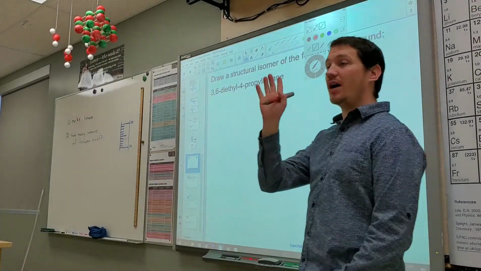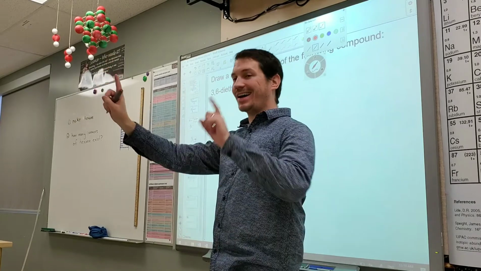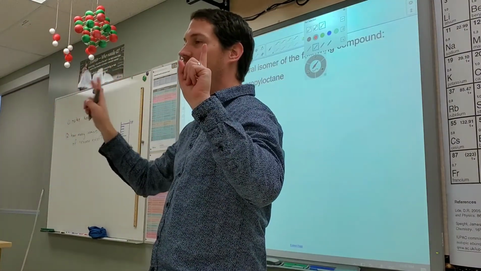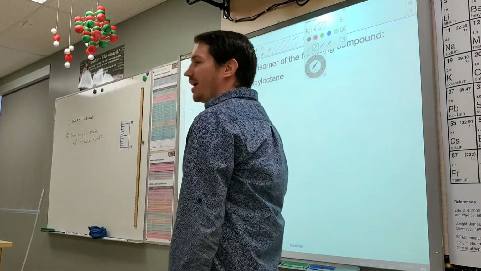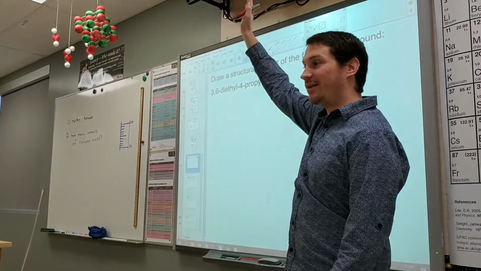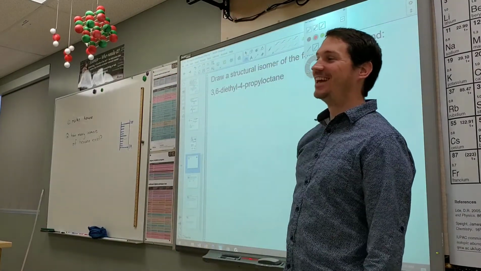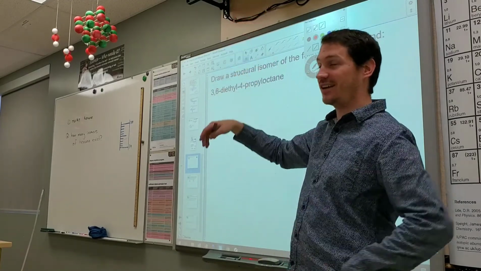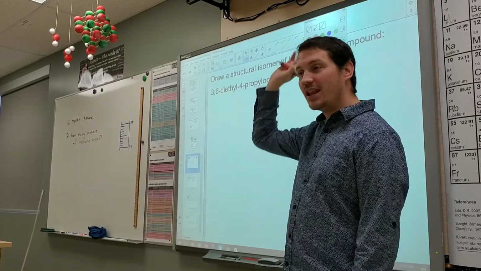What do you want to do? Do you want to draw a structural diagram, a condensed structural diagram, or a line diagram? Hands up for a structural diagram. Hands up for a condensed structural diagram. Hands up for a line diagram.